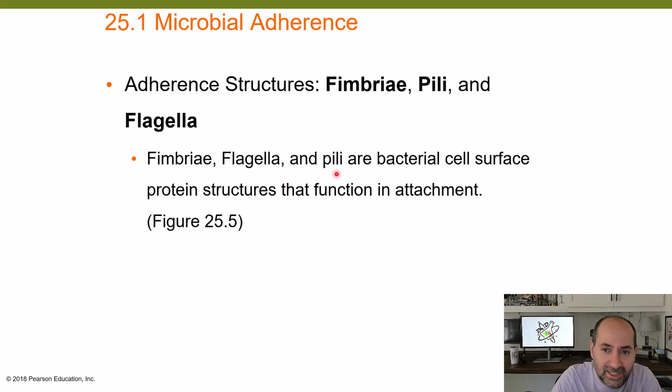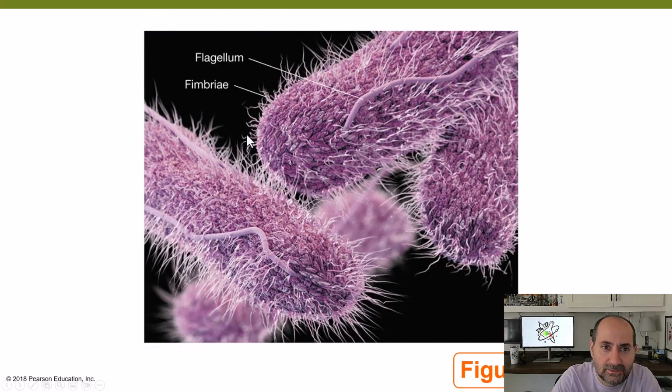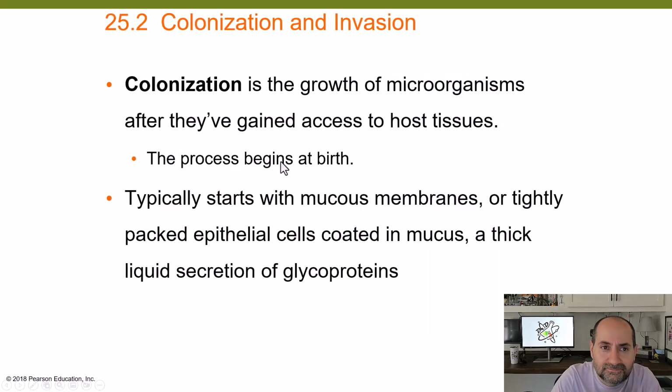Fimbriae, flagella, and pili are bacterial cell surface protein structures that function in attachment. So please know that these structures aid in attachment as well. Here we can see a scanning electron micrograph of flagella and fimbriae, and these organisms would use their flagella and fimbriae in adherence as well.